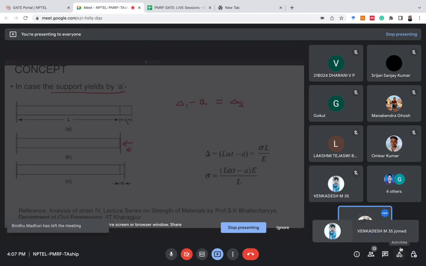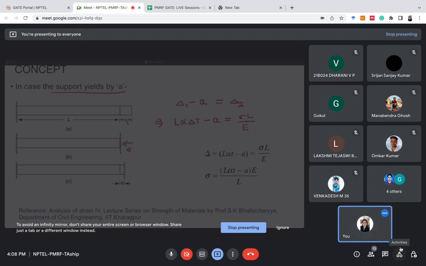Delta 1 is the deformation due to temperature, L alpha delta T. So L alpha delta T minus A equals sigma L by E. From this we can easily find sigma, which is (L alpha delta T minus A) times E by L. Keeping these concepts in mind, let us find a solution for our problem.